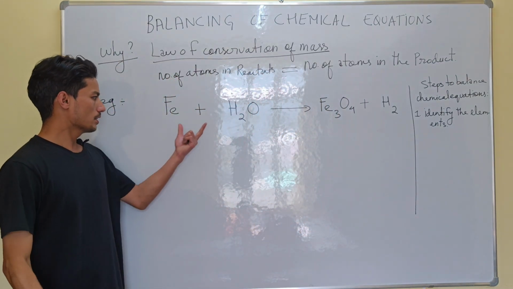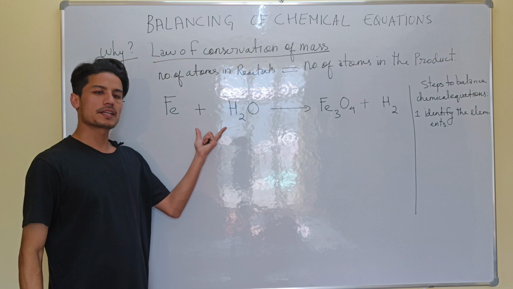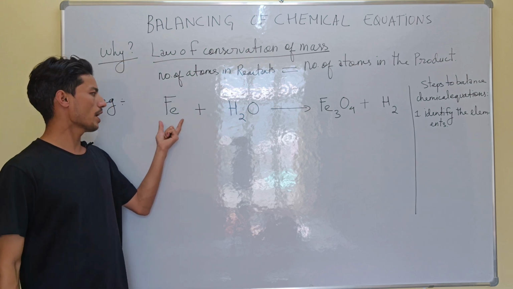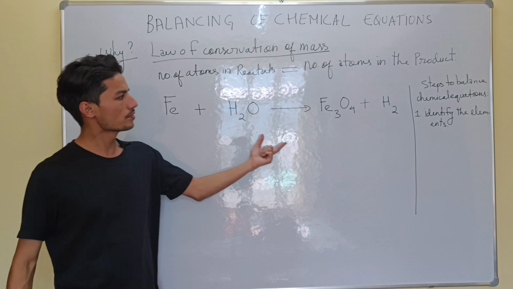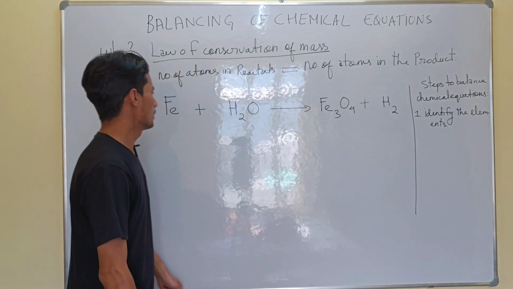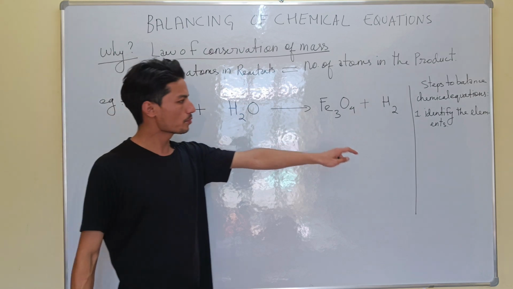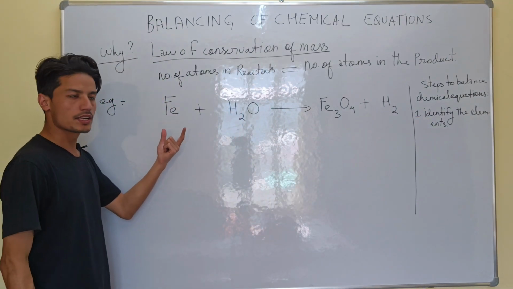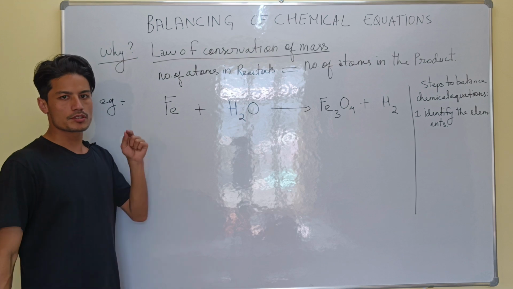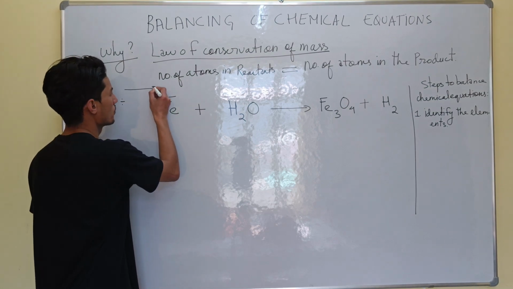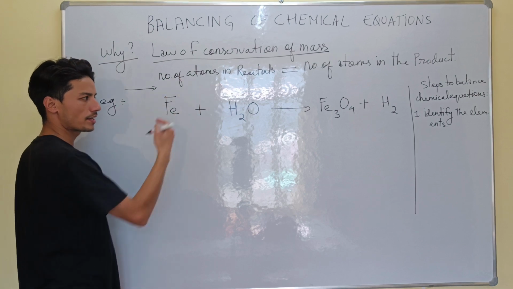Now this is a chemical reaction, a reaction of iron with water, giving us ferric oxide plus hydrogen gas. Let us follow the first step, which is to identify the elements. It is always good to follow a direction, so let us move from our left hand side to the right hand side.